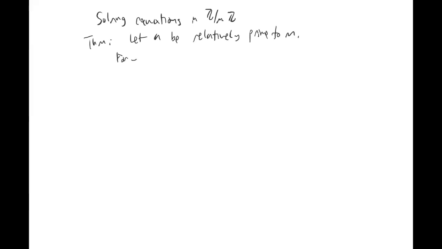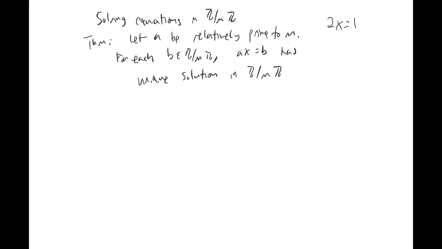Then for each b in Z mod mZ, ax equals b has a unique solution in Z mod mZ. What is the solution? You all know this. If I gave you an equation like 2x equals 1, how would you solve for x?